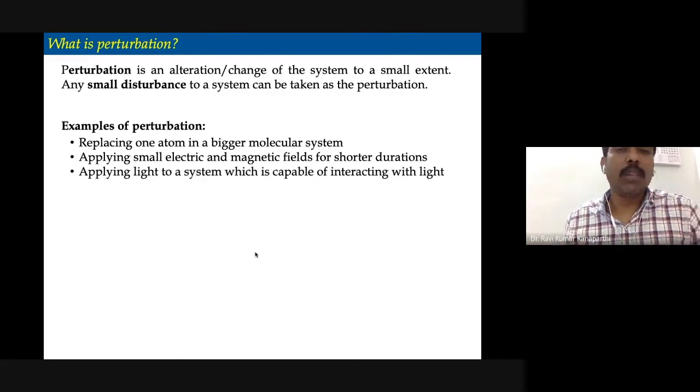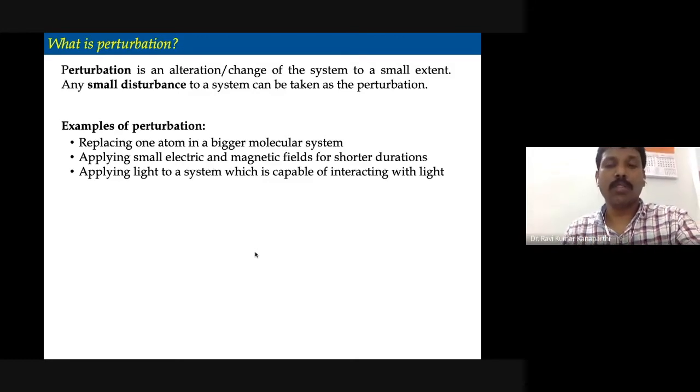Similarly, we also apply light. We allow the molecule to interact with light, and light-matter interaction is of great importance, and it is a subject matter in spectroscopy. So these are all things that we can take as a perturbation.